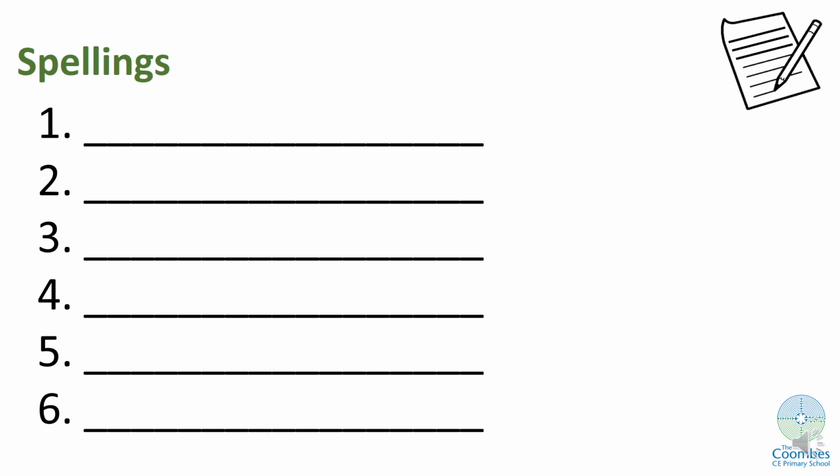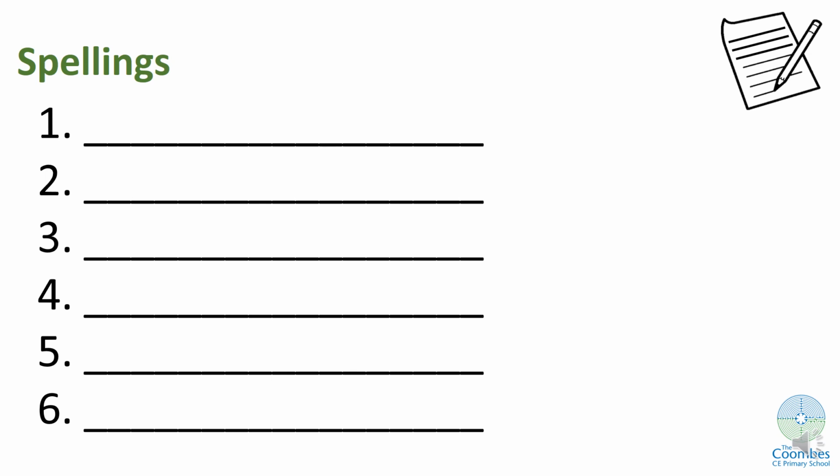Your next word is peach. There was a peach in my fruit bowl. The word is peach. Number 3 is book.